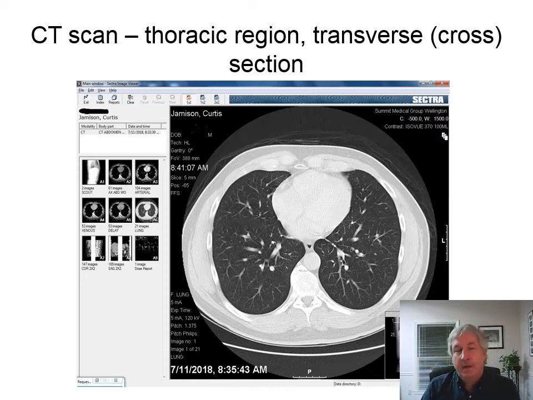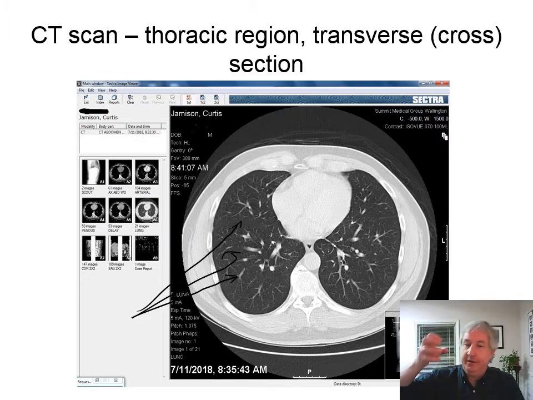Also, these white areas that you can see through here, all these little white tubular things, those are all the bronchioles. The trachea divides into bronchi, those branch into bronchioles, and then further down. So those are all bronchioles that you're seeing there.